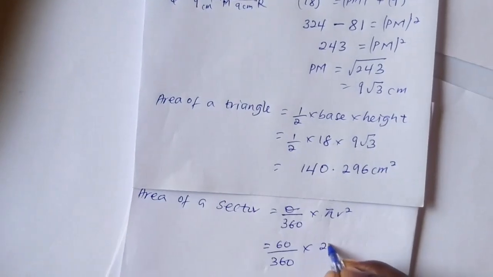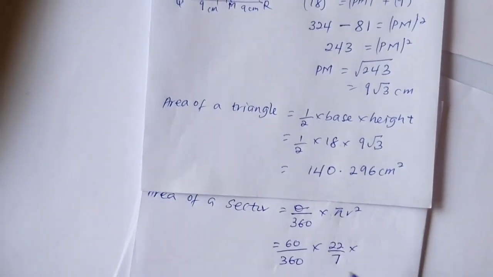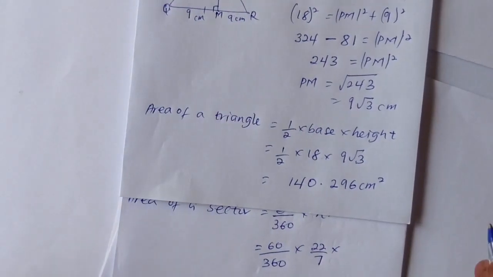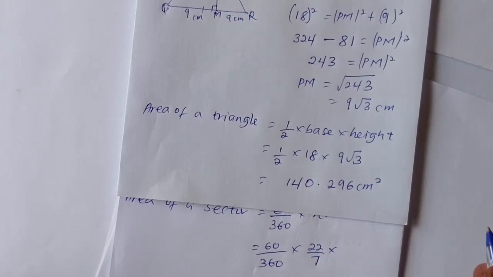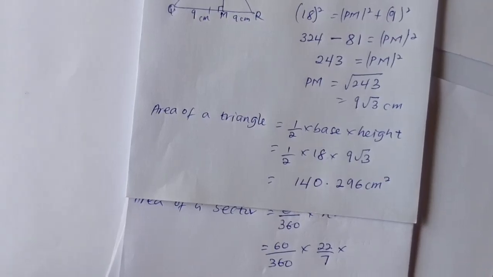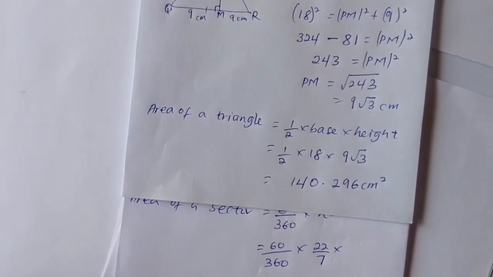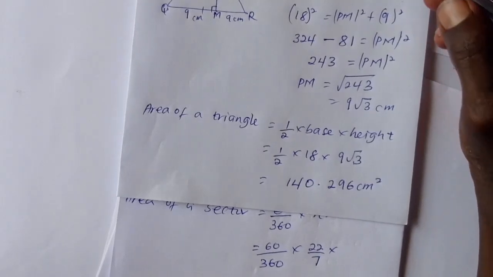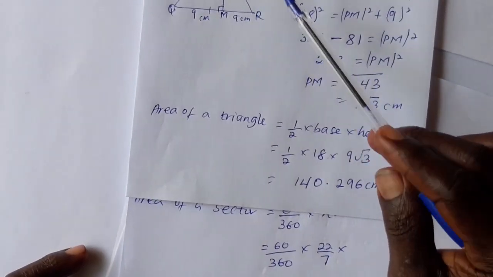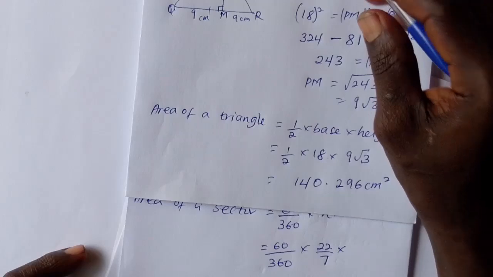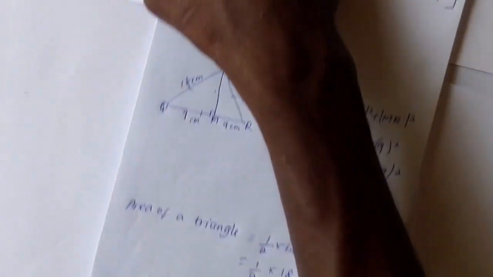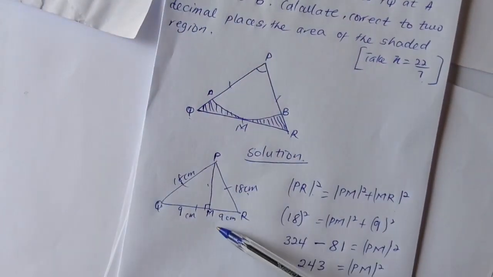So 22 over 7 times, what is our r? R is the radius. Now how do you get a radius? The radius is the height obtained over here. That is the perpendicular height from P to M is the radius.